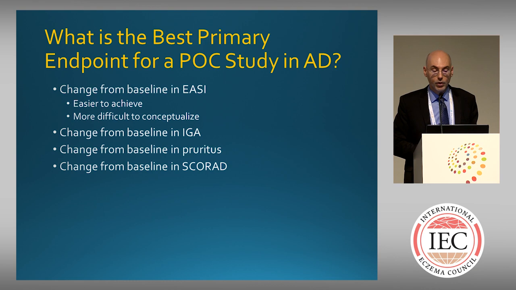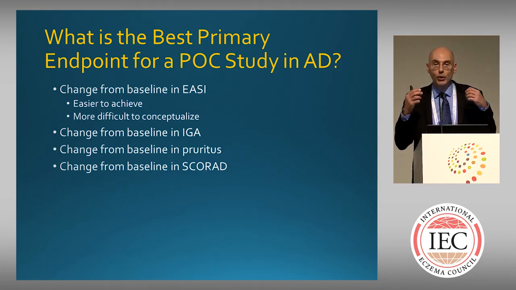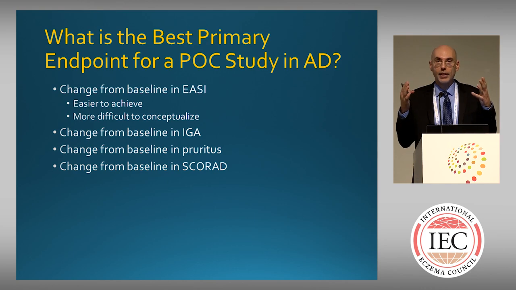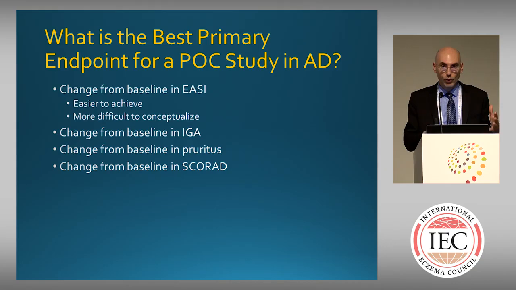Other possibilities are change from baseline in EASI, and we see this fairly often. I kind of like it from a statistical perspective. However, it's more difficult to imagine what that means. So if I see a patient, if you tell me as a clinician that a drug will get half of my patients clear or almost clear, in my mind I have a picture.